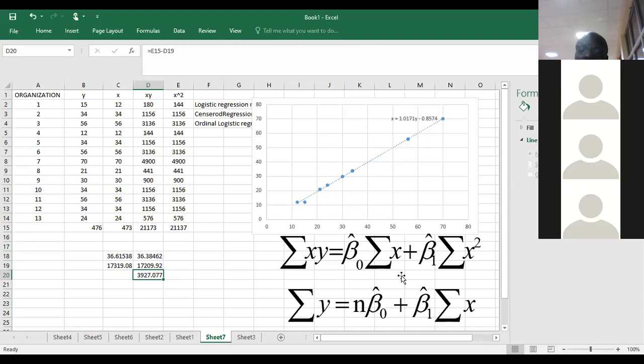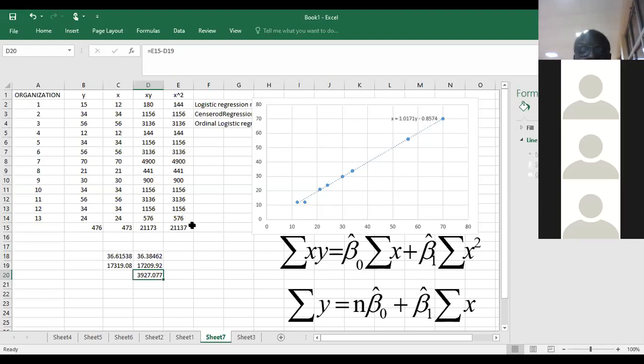So write the following. I'll just write it for you. 3927.08 beta 1 cap equals 211.73 minus 17,319. I want to put like terms together.